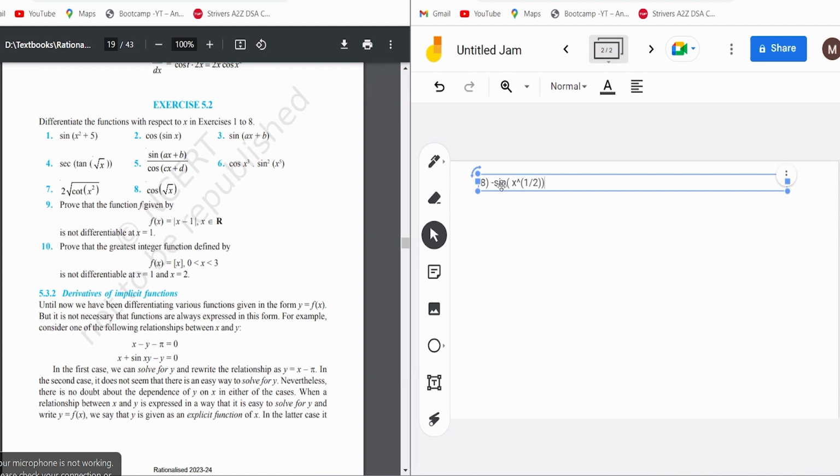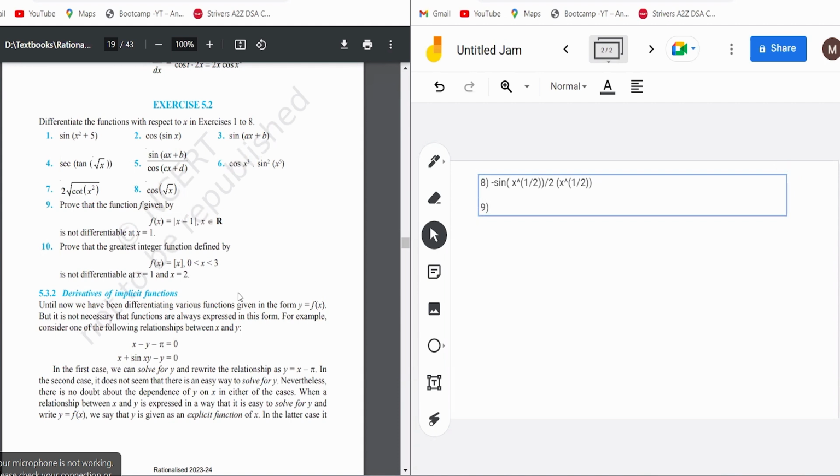It is nothing but 1 upon 2 root x. So divide by 2 times root x. Okay. So this is the differentiation of cos of root x. So I hope you understood it. Let's move ahead to next question.